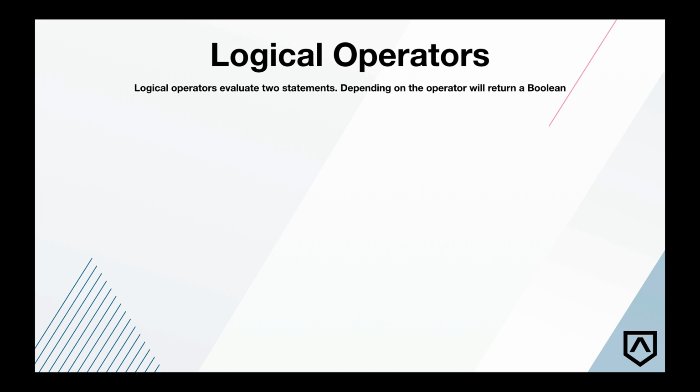So the first logical operator we're going to talk about in this lesson is the AND symbol. The AND symbol is going to take two evaluations, one on the left, one on the right side, and if both of those evaluate to true, then the AND will return a true. Only if both sides evaluate to true. Otherwise, if one or both evaluate to false, then the AND will evaluate to false.